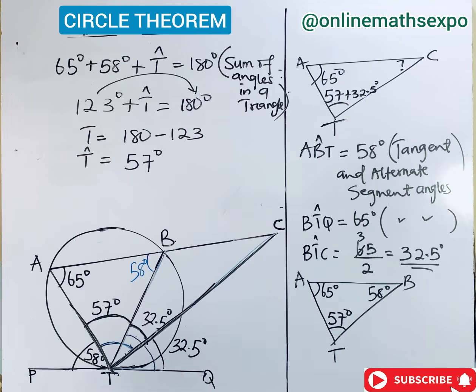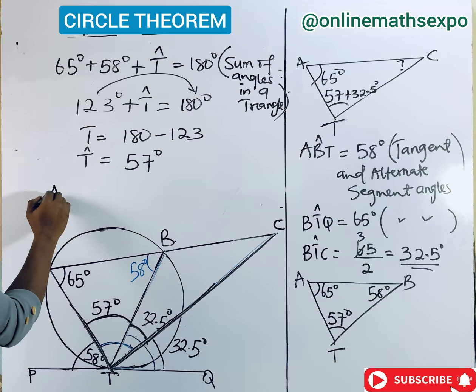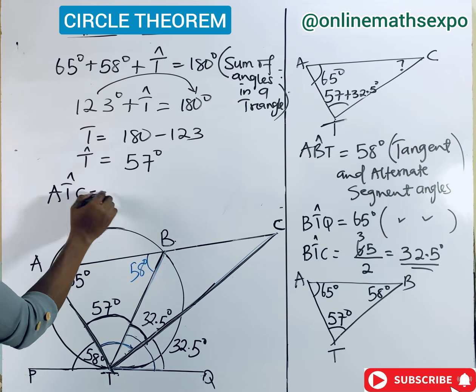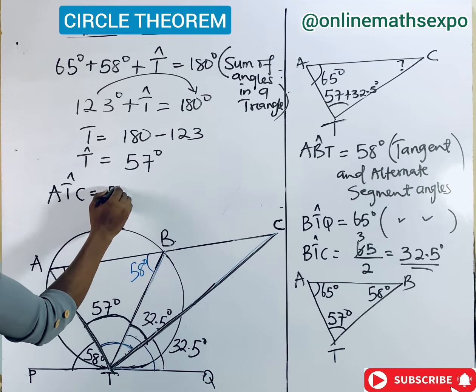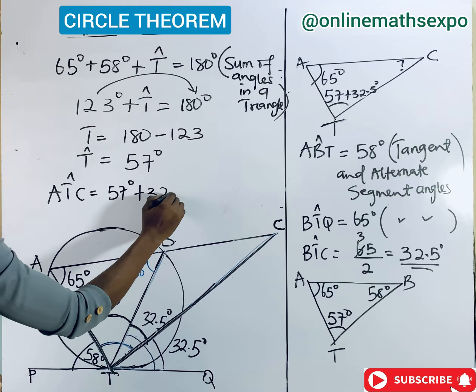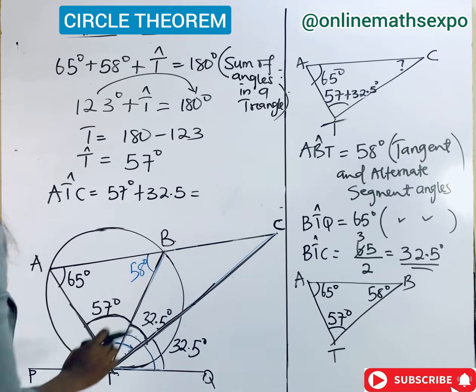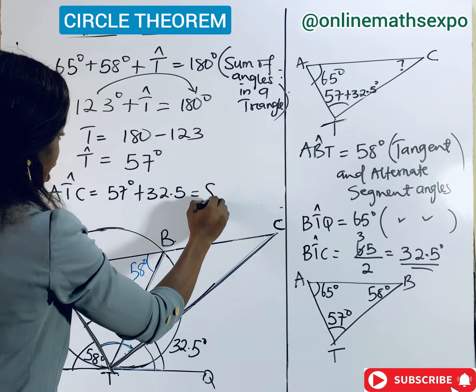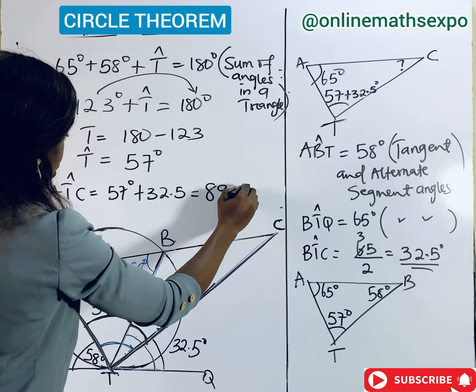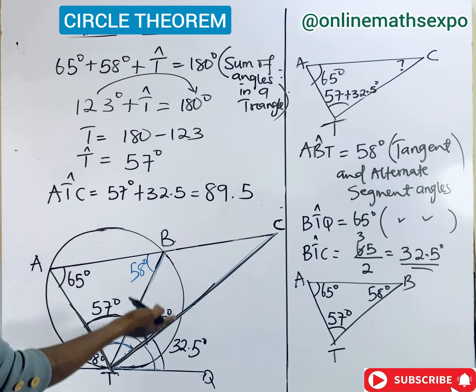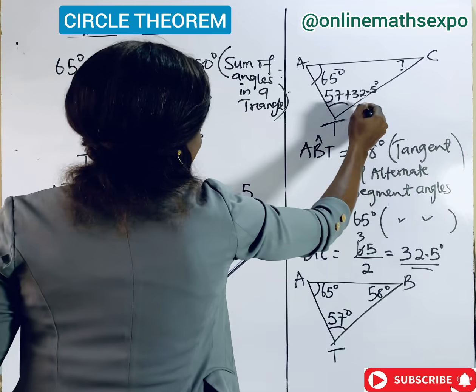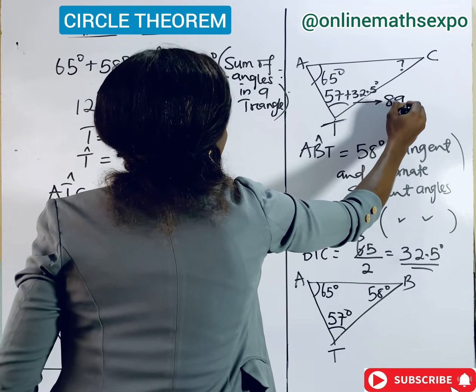That's what you have at T. So the total angle at T, angle ATC, I hope you see how we're labeling it. So angle ATC is 57 plus 32.5. And when you add this together, it's going to give us 89.5 degrees.